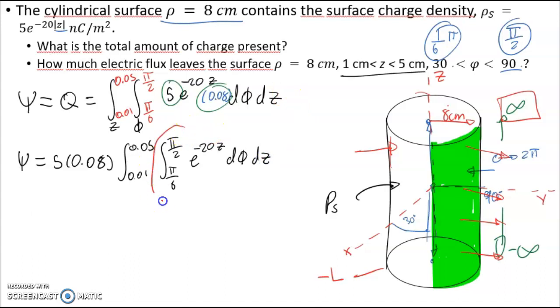Once again, we have the integration over variable phi, but we don't have any phi. That means this integration will become only phi evaluated from pi over 6 to pi over 2.